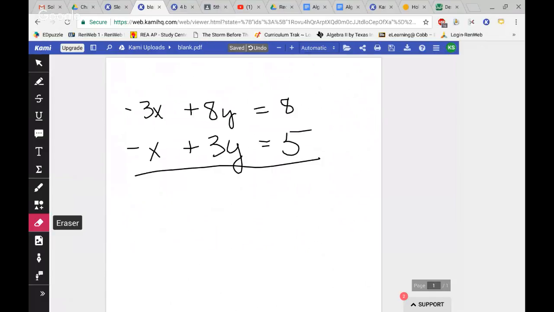So now we have both of them in standard form, but neither one of them has opposite or the same coefficients, do they? No. Okay, so what do you think we should do to get them to be either the same or opposite?